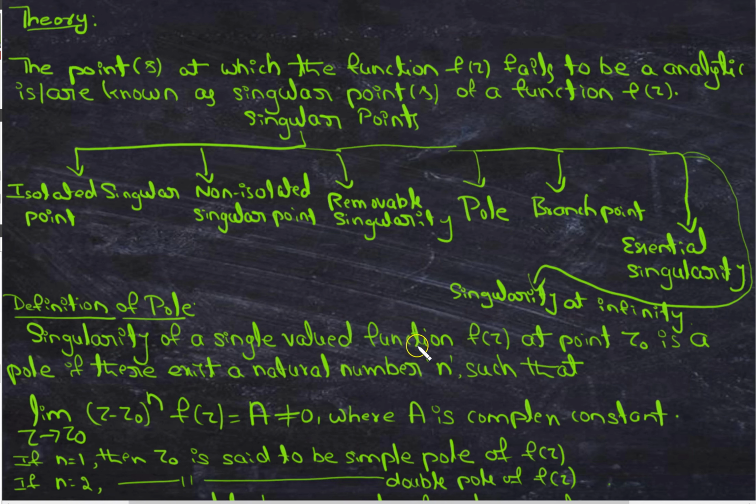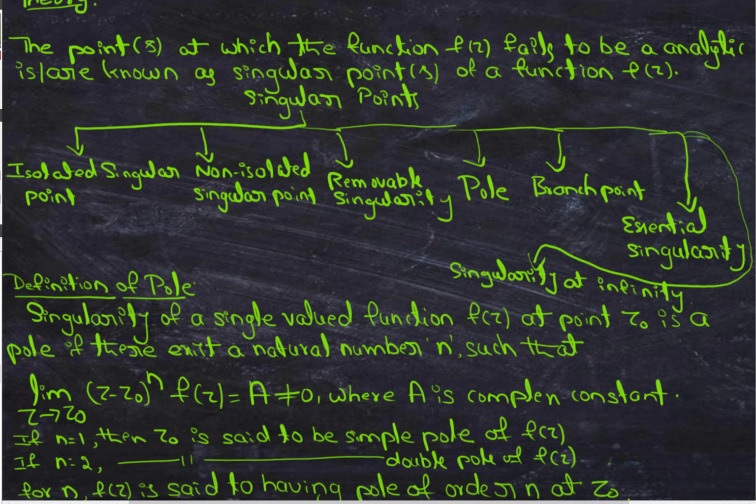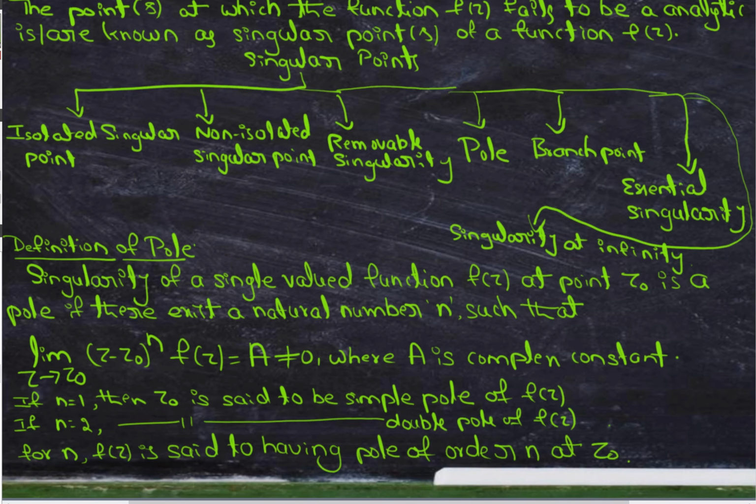A singularity of a single-valued function f(z) at a point z0 is a pole if there exists a natural number n such that the limit as z tends to z0 of (z minus z0) raised to the power n into f(z) is equal to a, where a is a non-zero complex constant. If n is equal to 1, then the point z0 is said to be a simple pole of f(z).